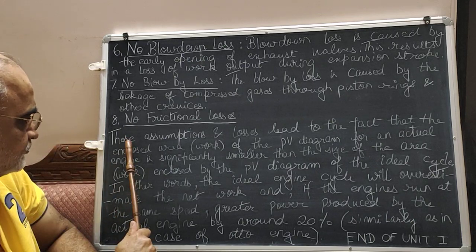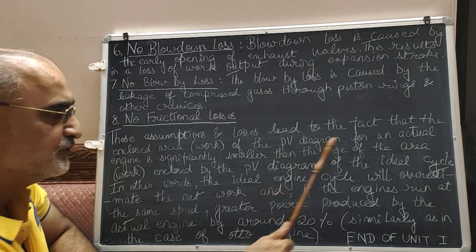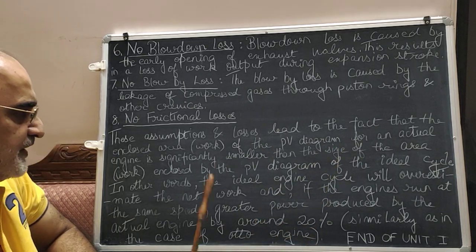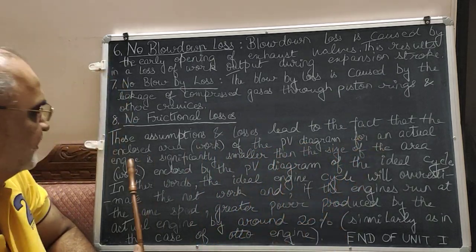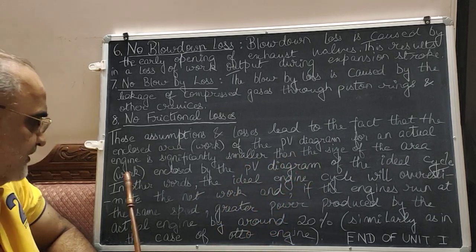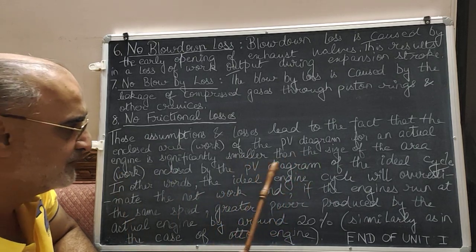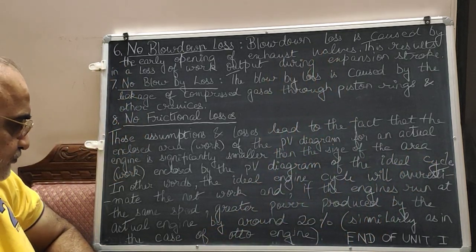These assumptions and losses lead to the fact that the enclosed area, the work of the PV diagram for an actual engine, is significantly smaller than the area, that is the work enclosed by the PV diagram of the ideal cycle, which we mentioned at the start of this lecture.